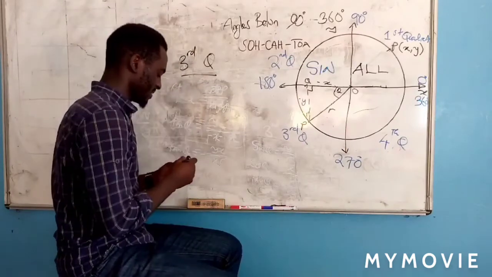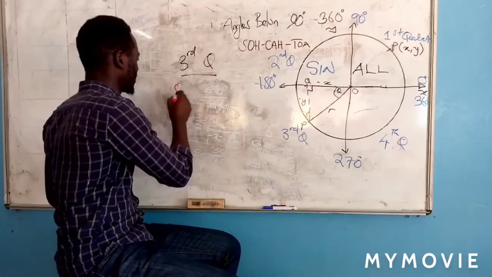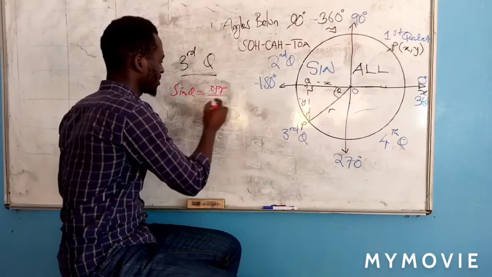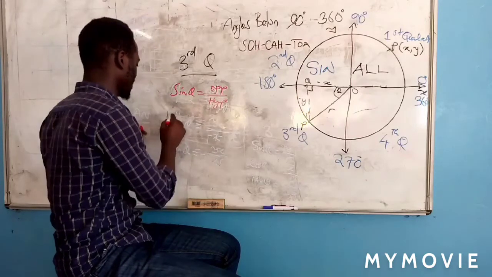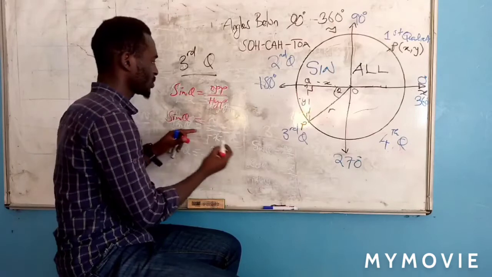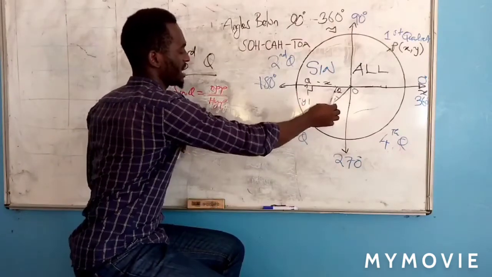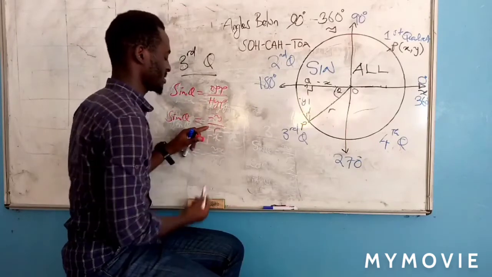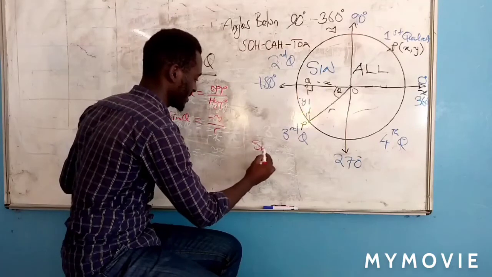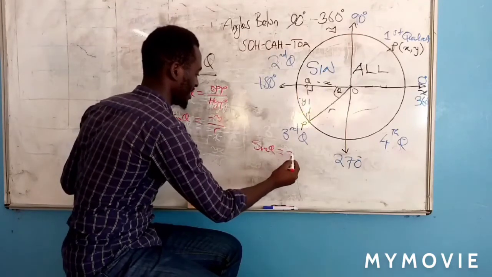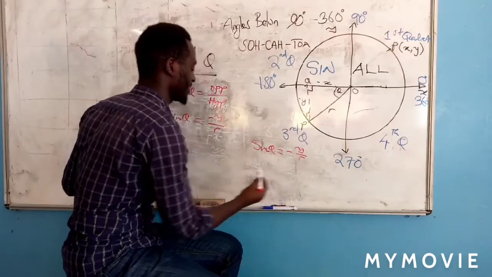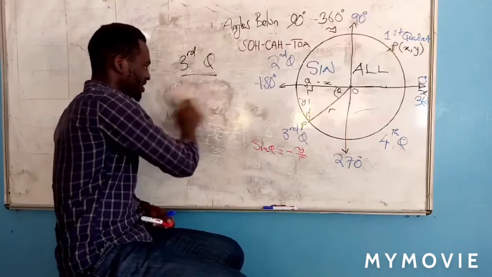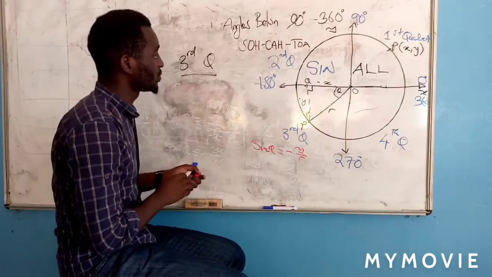I'm starting with sine again. Sine theta is equal to opposite over hypotenuse, right? Opposite to the angle is negative y over hypotenuse, which is r. So I'm going to write it here: sine theta is equal to negative y over r. Let's go to cos.